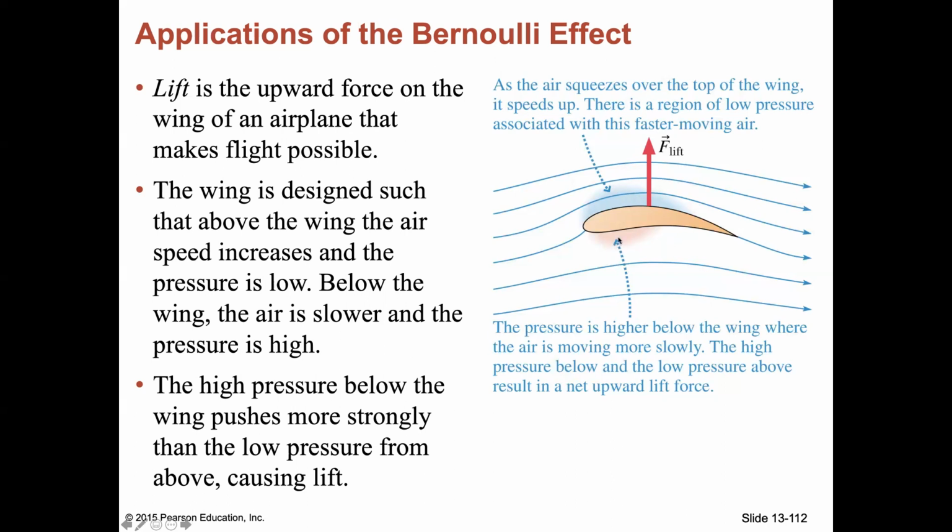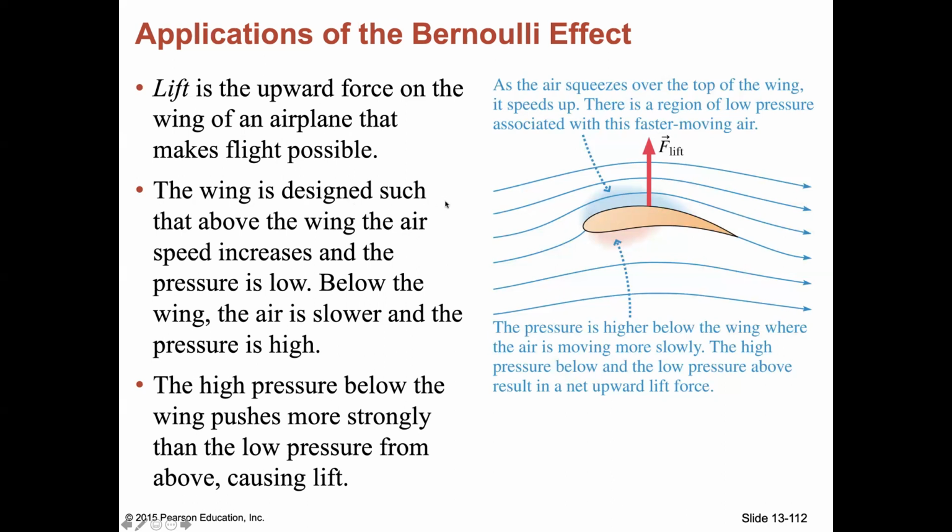And below the wing, it results in a high pressure. So there's a pressure difference, which results in a force difference. Then there's a net force lifting the wings up. That's the main lifting force, which makes the airplane fly.